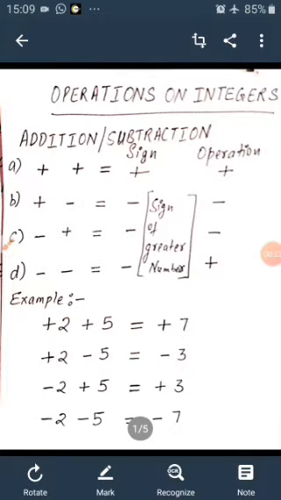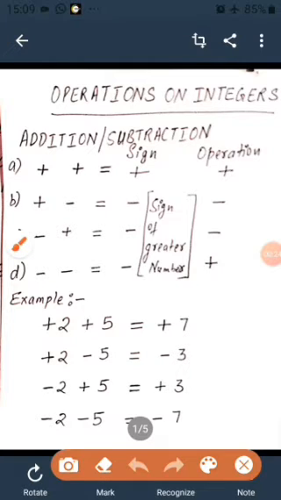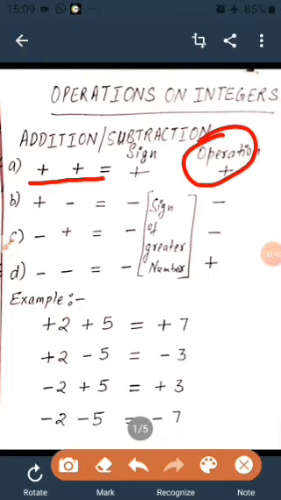In the first case, both numbers are positive, plus and plus. If you have two positive integers, then the final answer on adding or subtracting will be positive. So let us see an example for this.